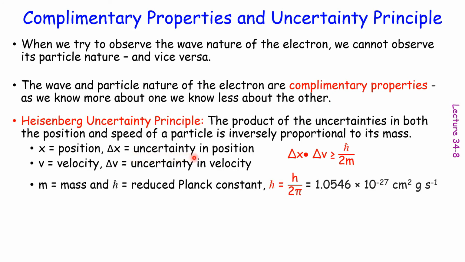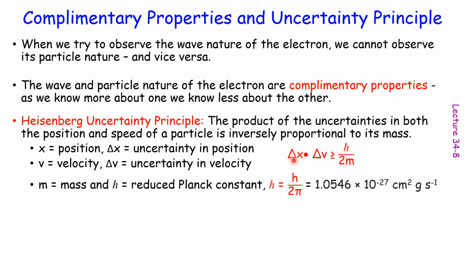Delta X is the uncertainty in position, where you can find electrons. What is the electron's location? So that's the X. Then delta X is the uncertainty in position. When you try to observe the position of a given electron, that's like an experiment. Then the experiment always has some errors.